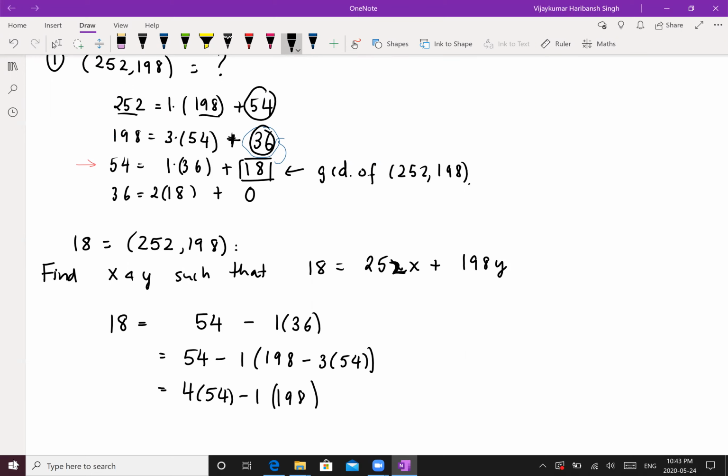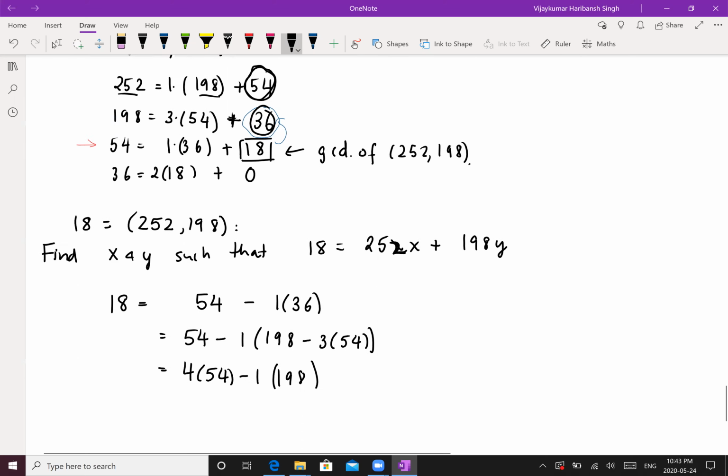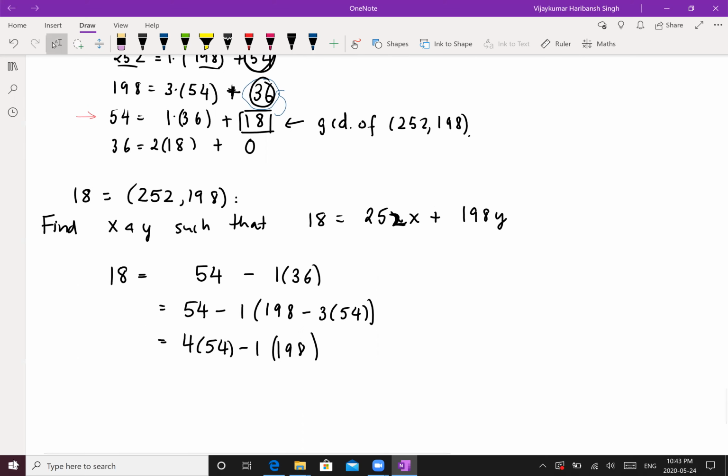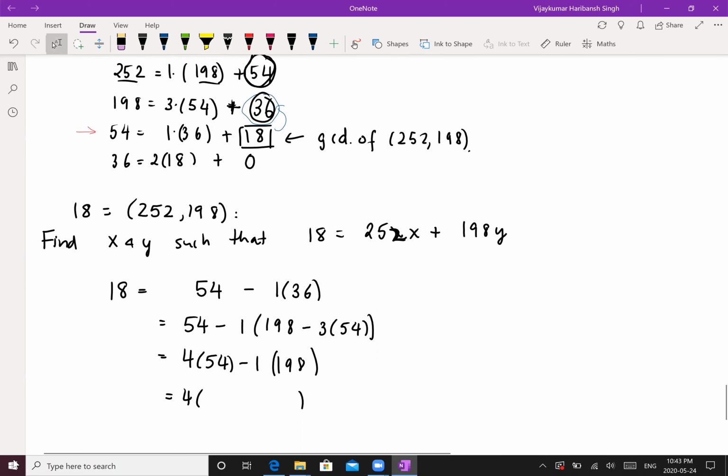Now I'll go one step up and replace 54 by 252 minus 1 times 198. So instead of 54, I replace it by 252 minus 1 times 198.